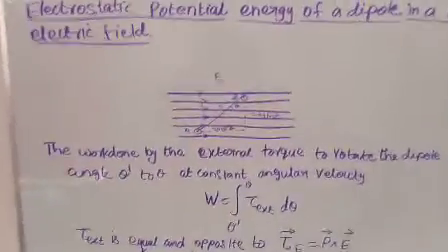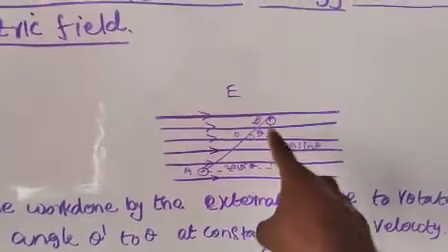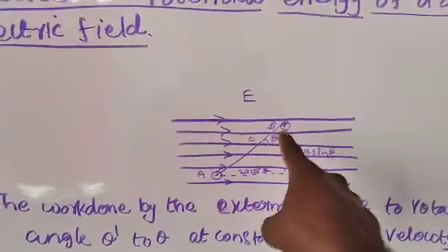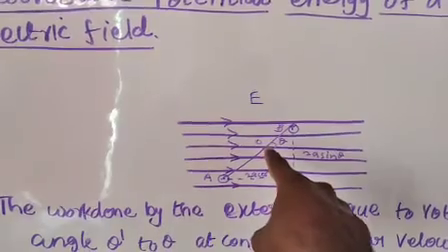So here a dipole AB, with minus Q charge at A and plus Q charge at B, and O the midpoint.